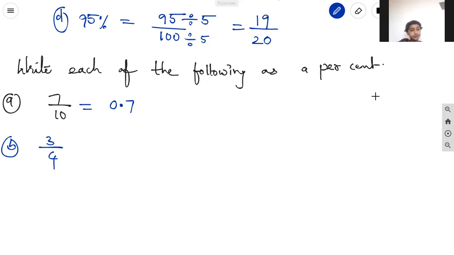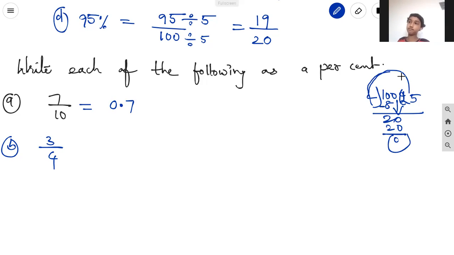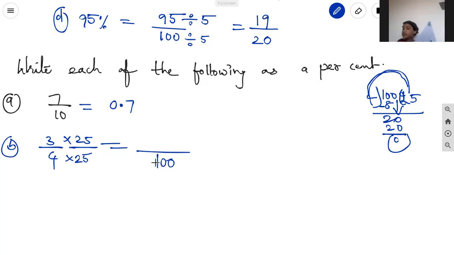4 means in the 4 table, 10 will not come. Check with 100. 4 1s are 4, 4 2s are 8, 10 minus 8 is 2, down the 0, 4 5s are 20. When we multiply 25 into 4, then it becomes 100 in the denominator. So numerator and denominator are multiplied by 25, then the denominator turns into 100.